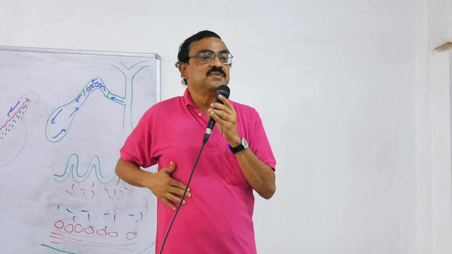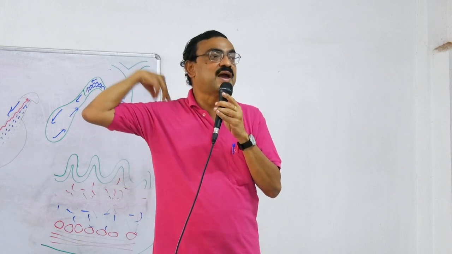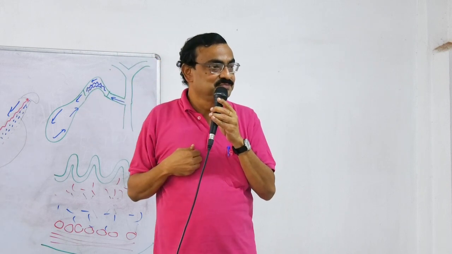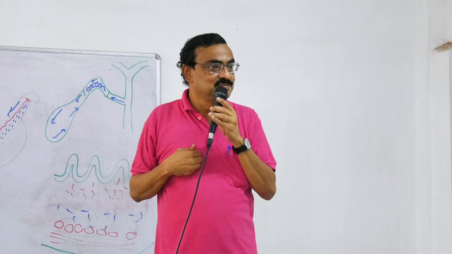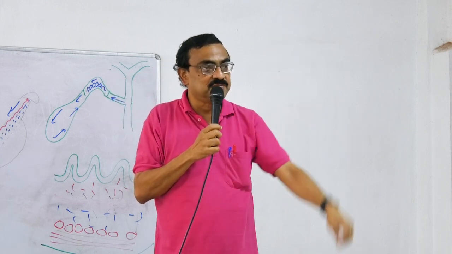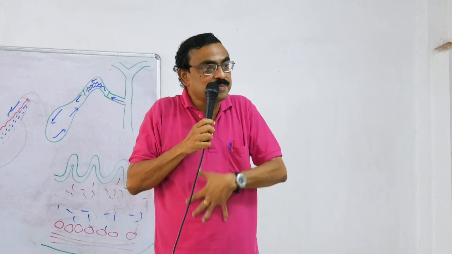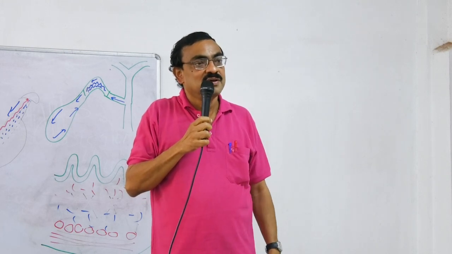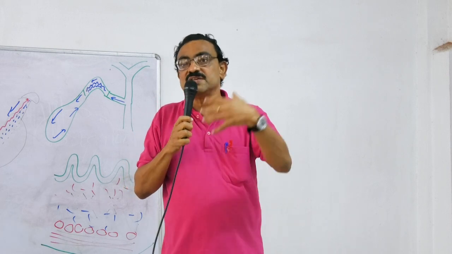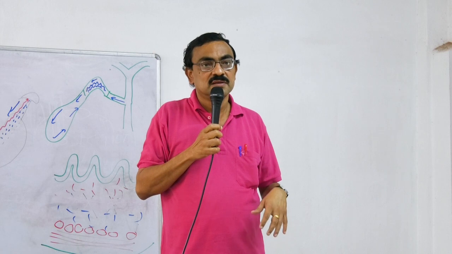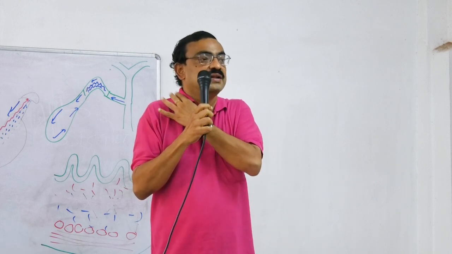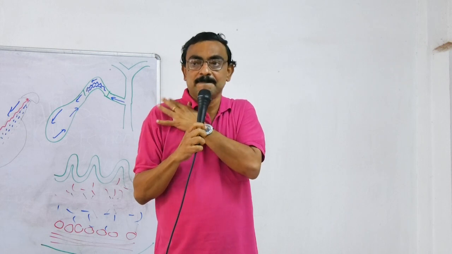So inflammation of the gallbladder is related with pain in the right shoulder. It is referred to the right shoulder. The phrenic nerve supplies the diaphragm, and it also supplies the gallbladder. So in inflammation of the gallbladder, the pain may be referred to the right shoulder, at the neck of the right shoulder.